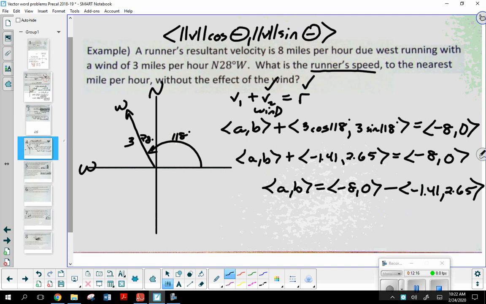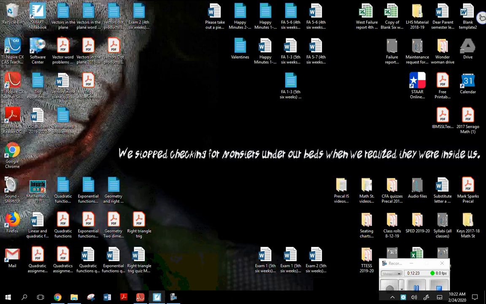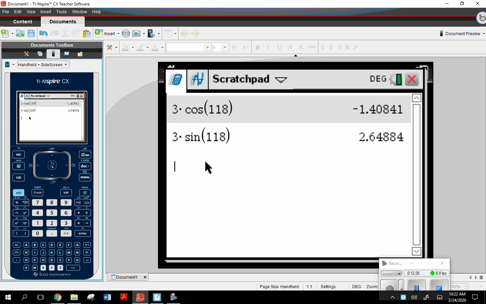Okay, and now we can easily figure out what a and b will equal. So I need negative 8 minus that negative 1.41. Even though I rounded on my paper, I'm going to use the exact values in the calculator. So I need to subtract this right here.